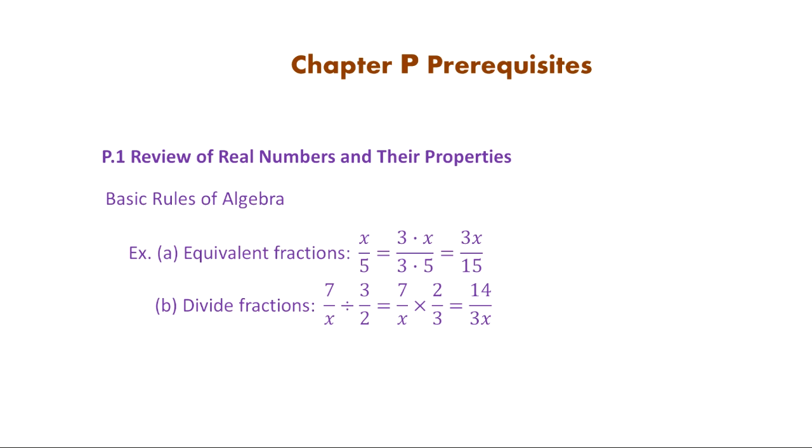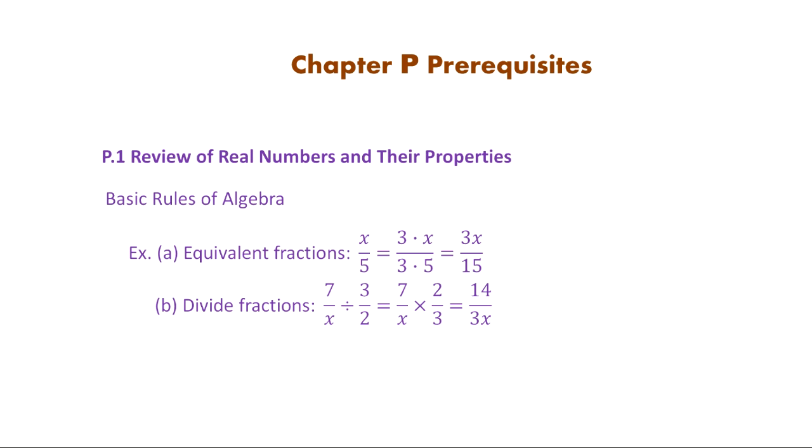In the next example, we want to divide fractions. So we need to know the basic rules for how to divide fractions. When you divide two fractions, you need to flip the second fraction and multiply. For example, we got 7 over x divided by 3 over 2.